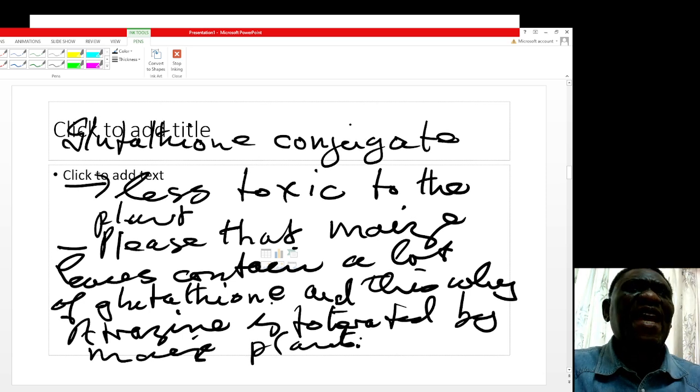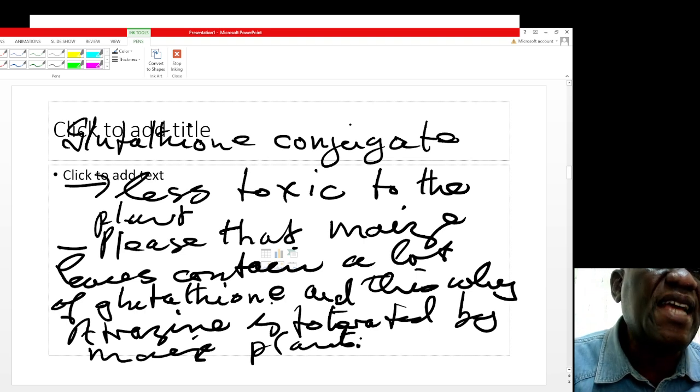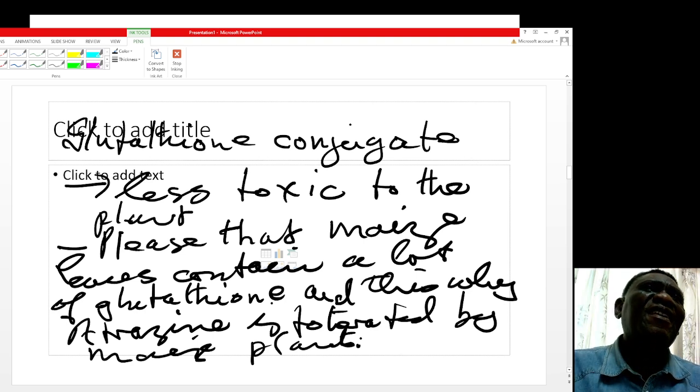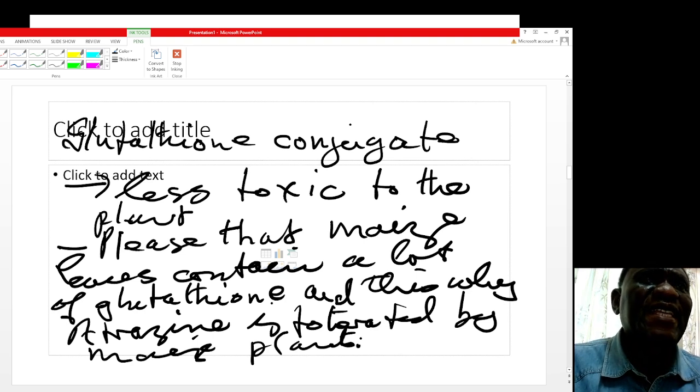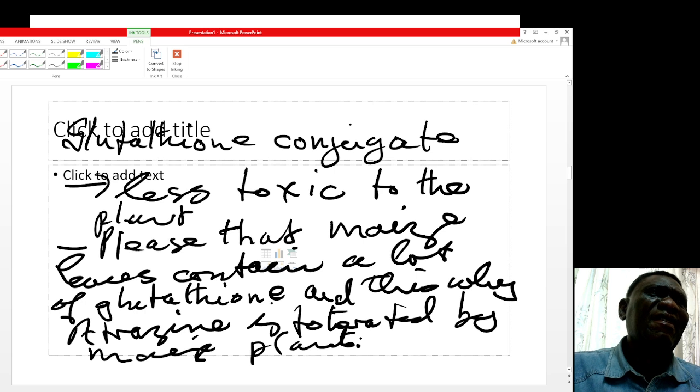However, we do have some lines which, depending on the amount of glutathione they contain within the leaves, we may have some breeding lines being affected by atrazine.